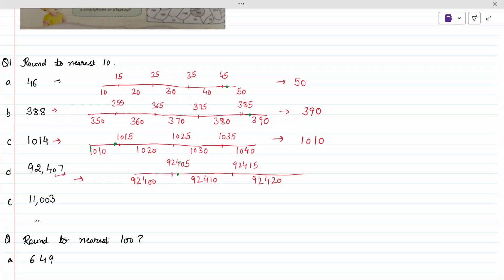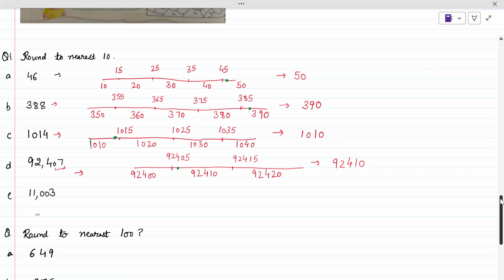So it is more than half, it is near to 92410, so इसका जो nearest multiple of 10 होगा, वो होगा 92410, because it is more near to this than this and it is more than half also. So I'm writing the number here as 92410.